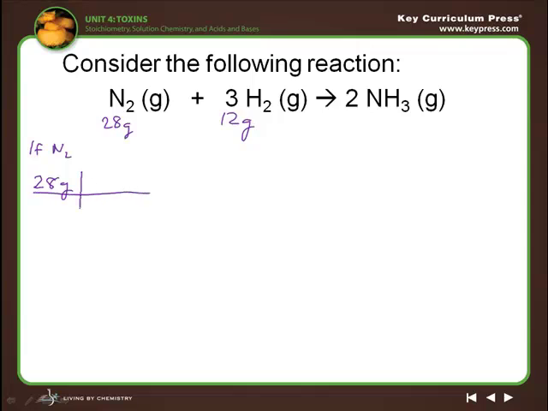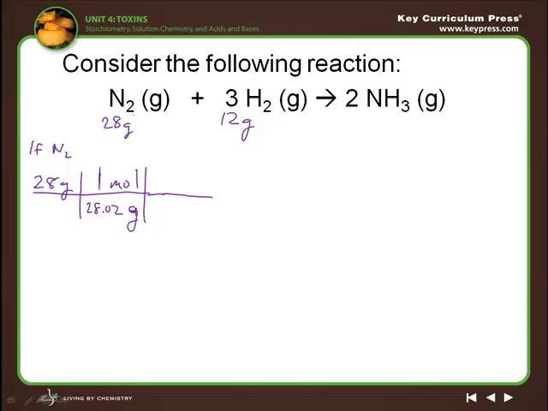Using the choo-choo method, you do a little train track here. And the key is you want to have your units be the same on the top and bottom. So I've got grams of nitrogen. I want to convert grams into moles. So in 1 mole of nitrogen, there's 28.02 grams. That's my first conversion factor. Once I have it into moles of nitrogen, I then am going to convert it into moles of NH3.